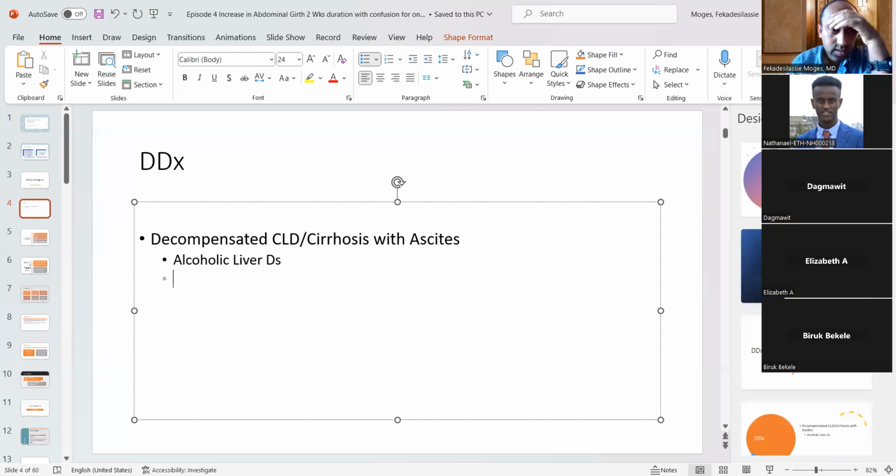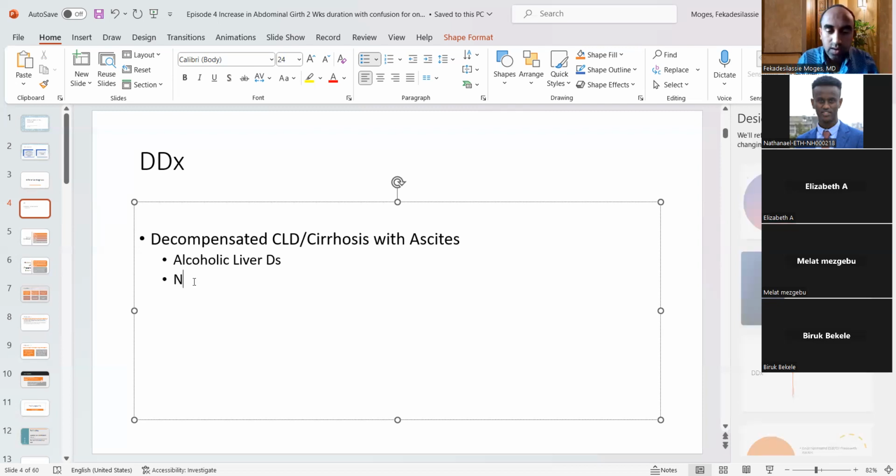So viral hepatitis. Non-alcoholic fatty liver. Viral hepatitis. What kind of viral hepatitis?